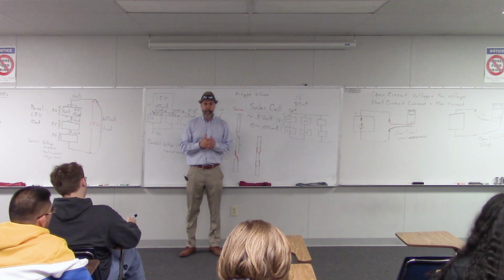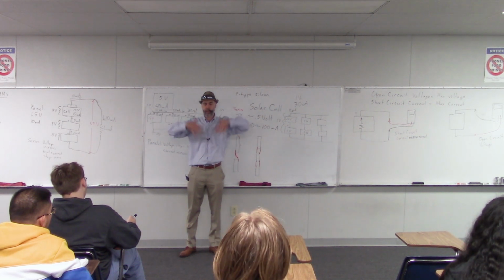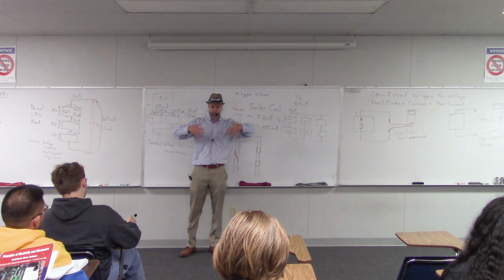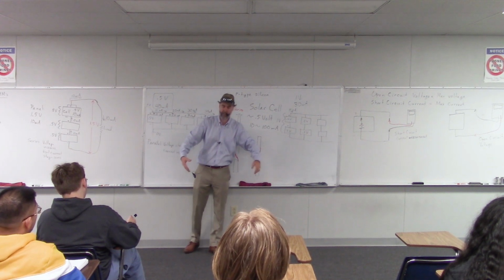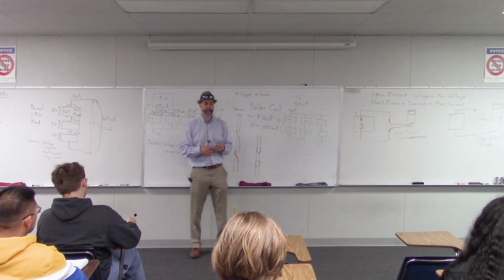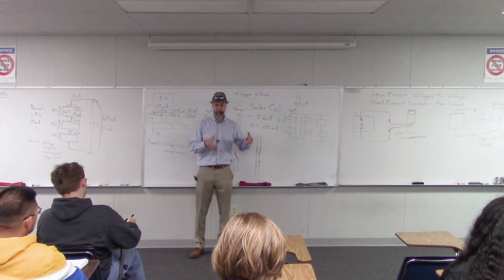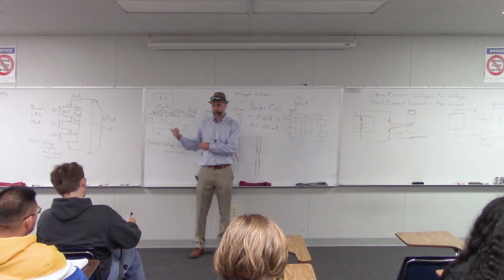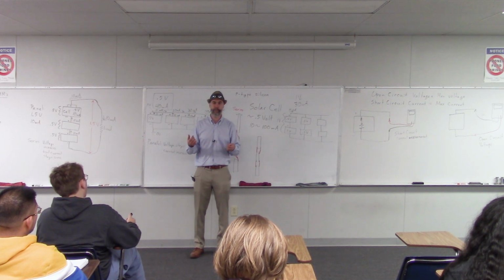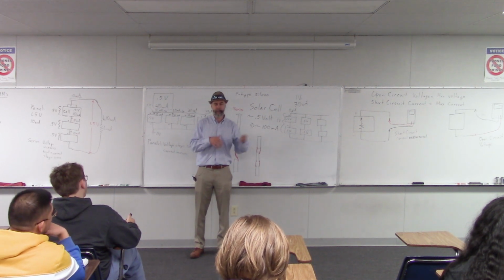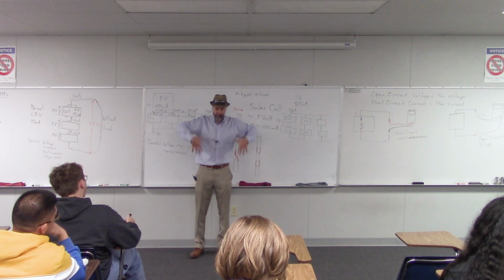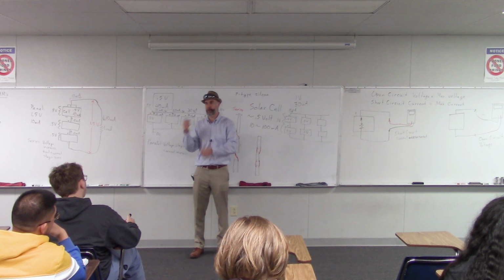So if you're getting 1,000 watts per square meter and you have 1 square meter of panels, and that panel was producing 500 watts of electricity, that would be 50% efficient, because you're getting 1,000 watts coming in and you're only getting 500 watts going out.